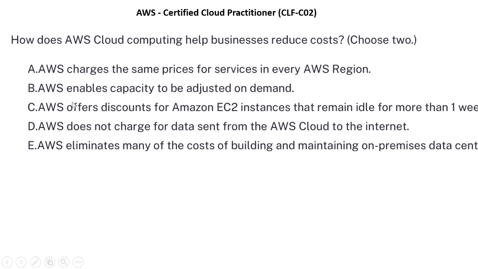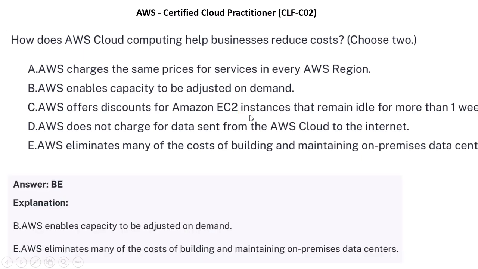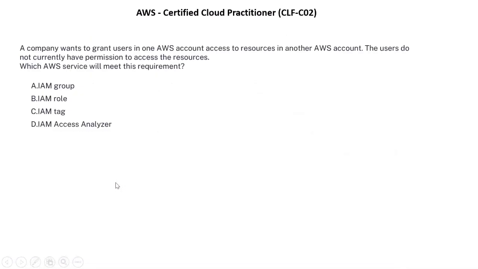Option C, AWS offers discounts for Amazon EC2 instances that remain idle for more than 1 week. Option D, AWS does not charge for data sent from the AWS cloud to the internet. Option E, AWS eliminates many of the costs of building and maintaining on-premises data centers. The correct answers are option B and option E. Next one.